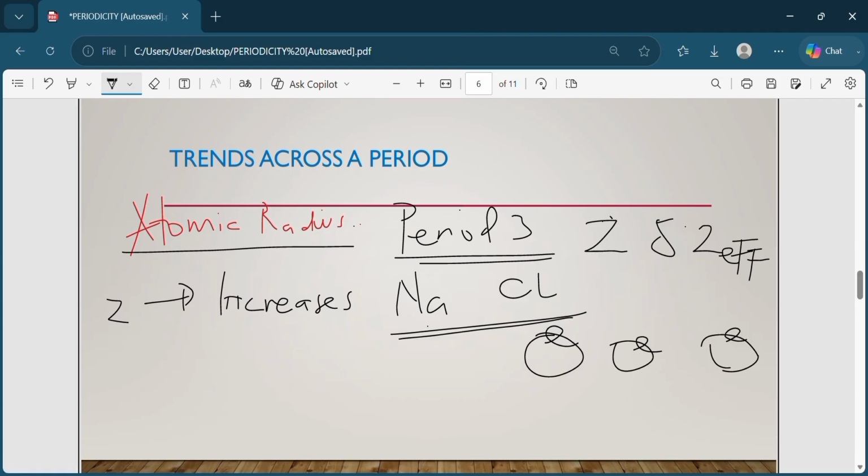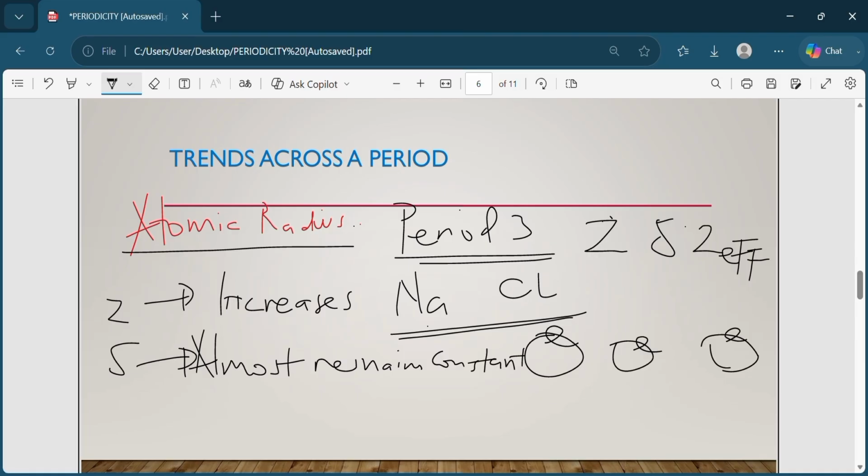Then the screening effect itself becomes almost constant, or remains almost the same. It is prudent that the word almost appears. It almost remains constant, because the electrons are being added on the same energy level.